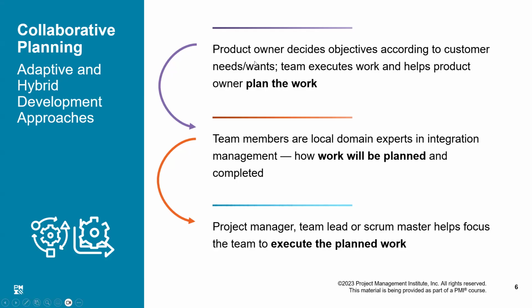And the product owner is actually behaving like a sponsor. So he decides the objectives according to customer needs and wants, and the team that executes that work helps the product owner plan the work. And how does a product owner plan the work? He is maintaining or managing the product backlog.